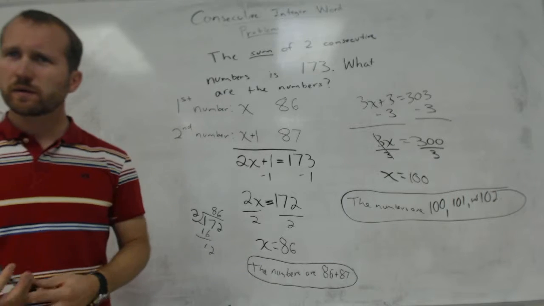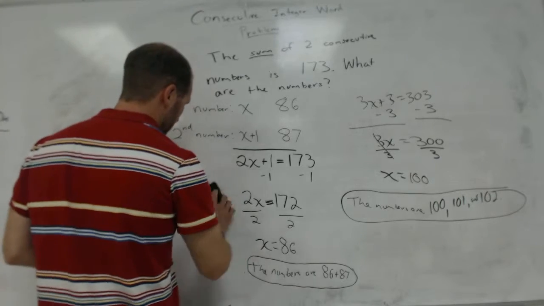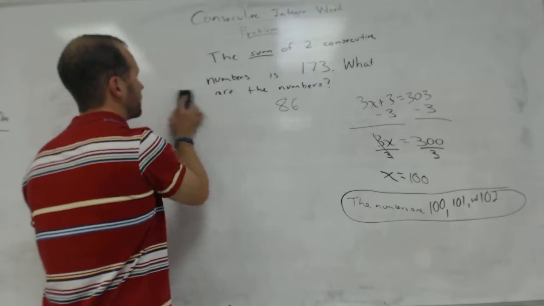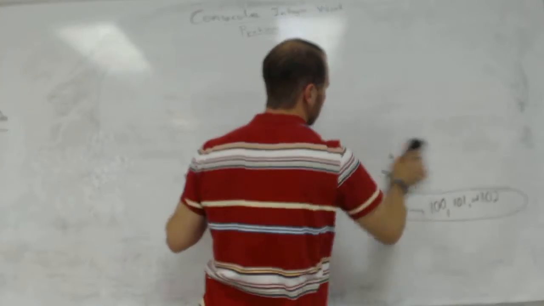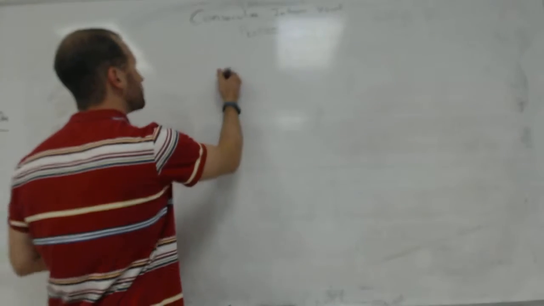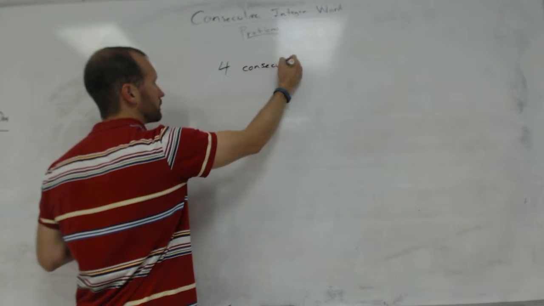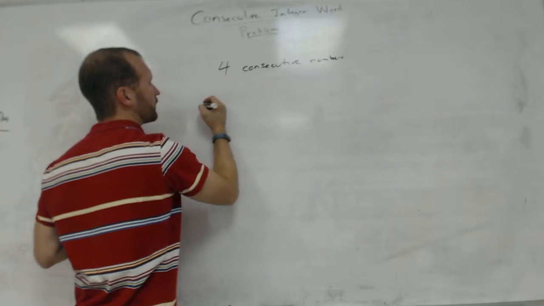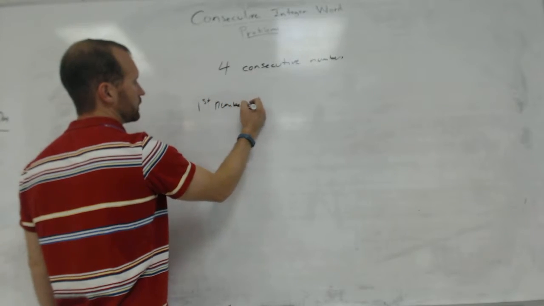You guys have questions about how to set these up? Let's just practice some pieces of this. Let's say someone said, I was looking for 4 consecutive numbers. What would be my first number? X. Yeah, first number is always pretty much x.